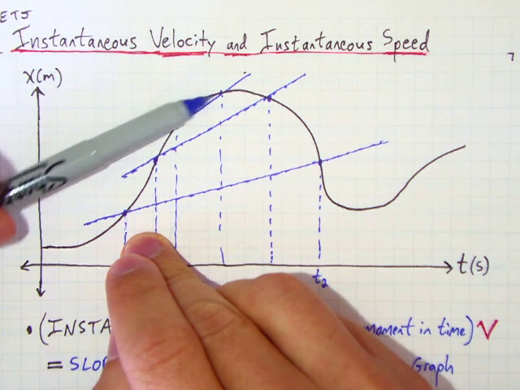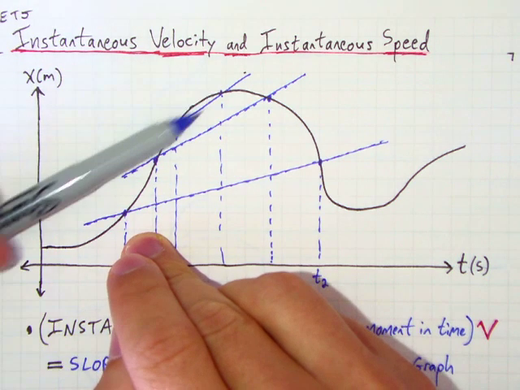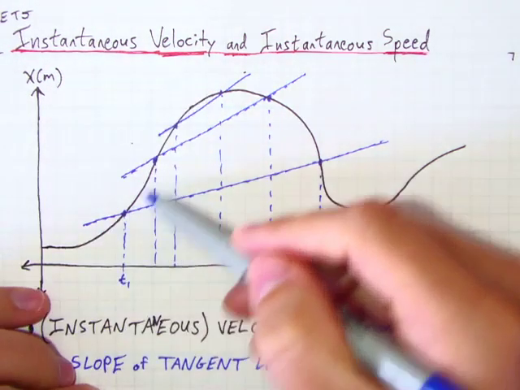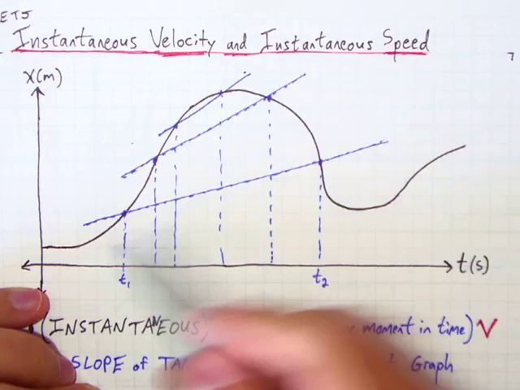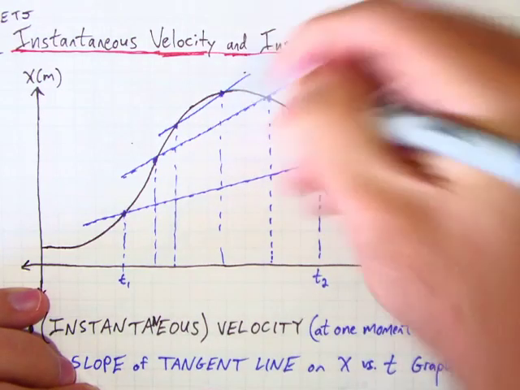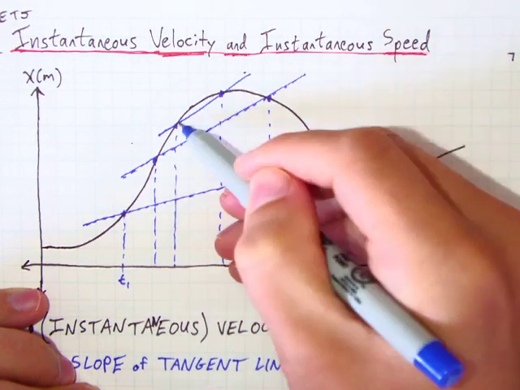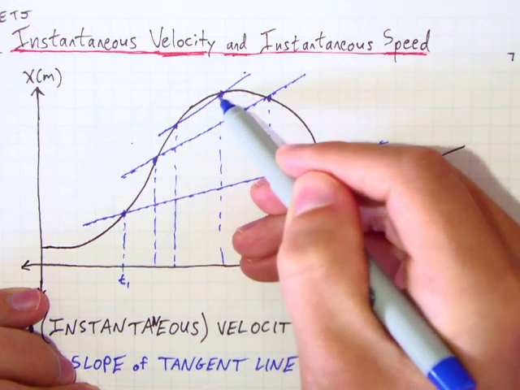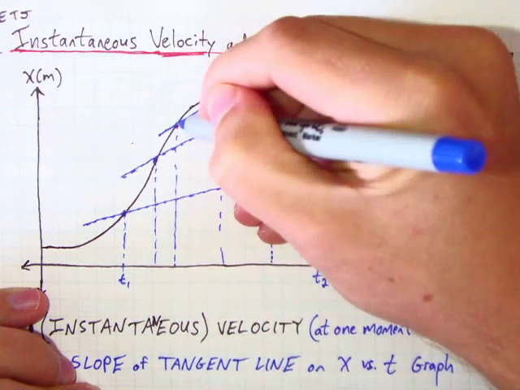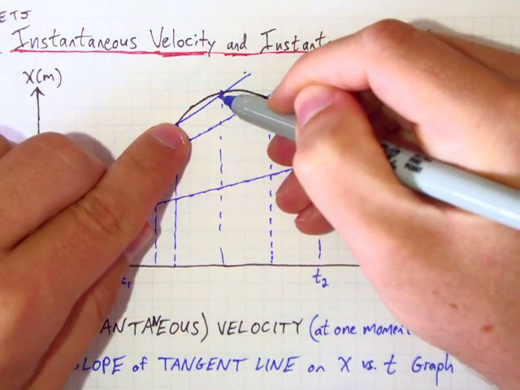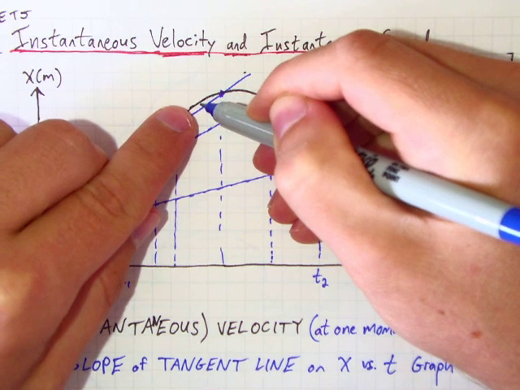There's not much difference anymore between the black curve and the average, compared to the huge difference between this black curve and this average. So as your 2 events get closer and closer together, your average becomes a better approximation of your actual motion curve.